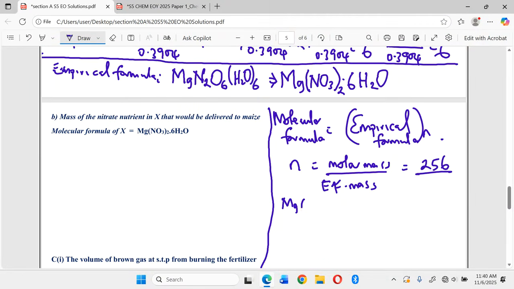Now this is where we use our empirical formula here. That is magnesium nitrate hexahydrate, and then we look for the mass. So that is magnesium, that is 24, plus nitrogen, it is 14 times 2, which is 28, plus.